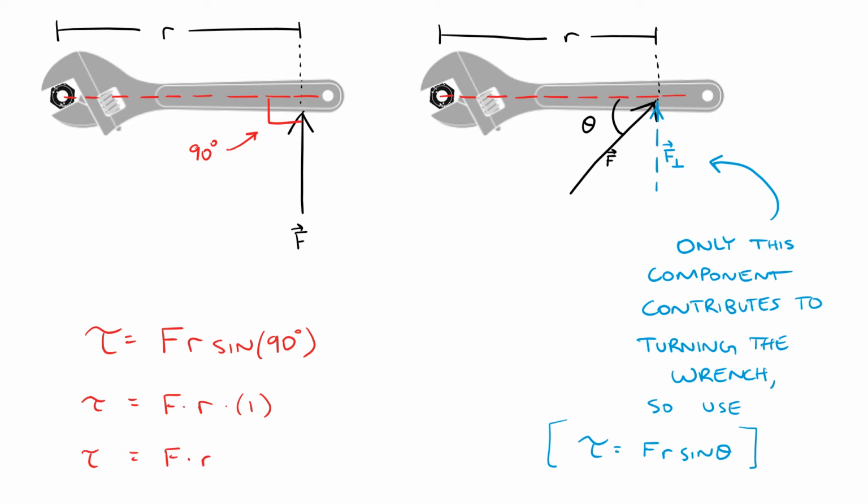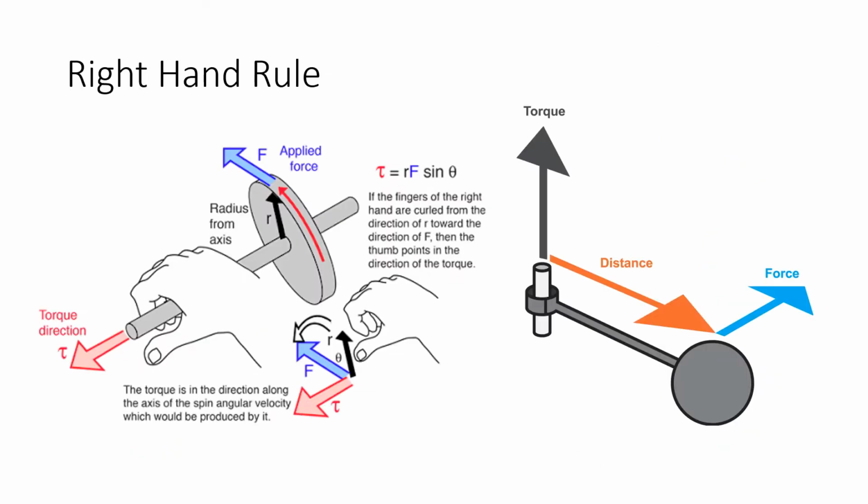If you've seen this before, something that is r sine theta, or something times something sine theta, from your math class, this is the cross product.